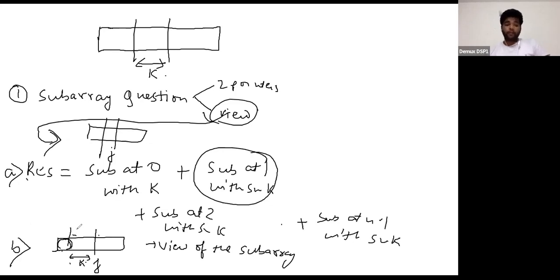So what is the property of the prefix array that I'm looking for here? I know that this total sum is S and the sum that I need is K. So I need prefix arrays of sum S minus K, right?